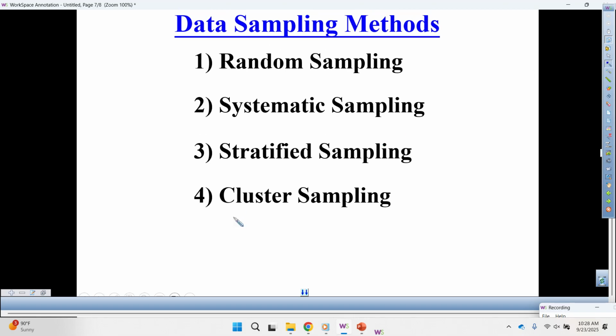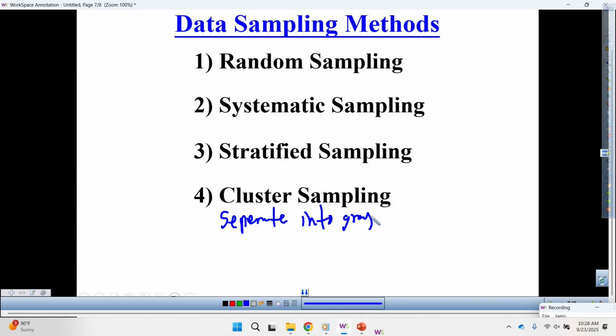Start with number 4, cluster sampling. What is the first thing we did, Nick? Separate into groups. Yes, that is correct. Then what do we do? What did we do right now at the end?